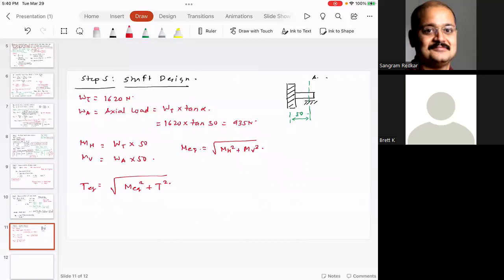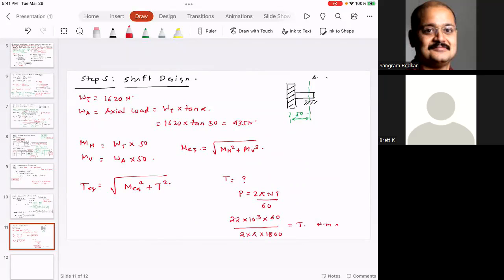And T you know from the equation, power is equal to 2 pi N T divided by 60. So 22 times 10 to the power 3 multiplied by 60 divided by 2 times pi times 1800 is equal to the torque in Newton meter.